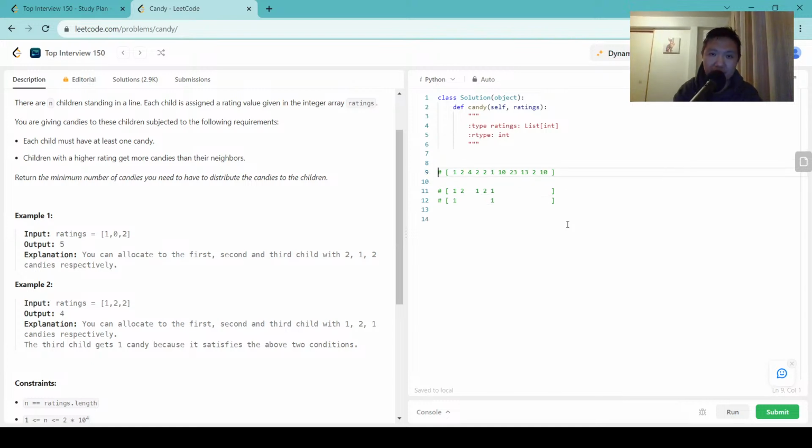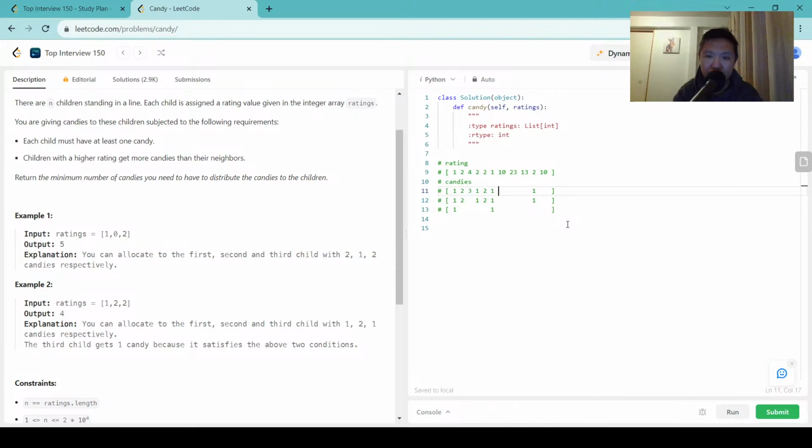So in the second round, I would go to all the 2s and this person gets a 1. In the third round, I would then go to this person.